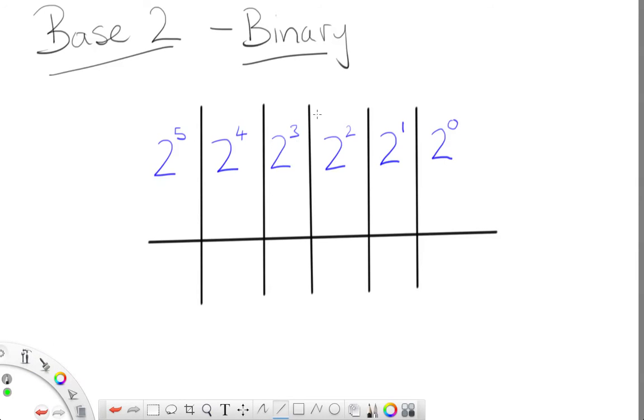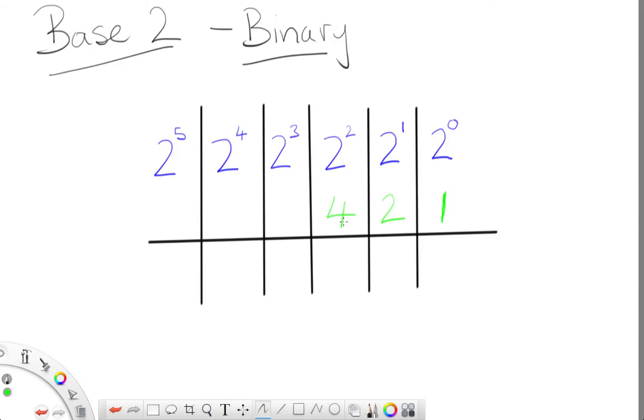Now, that's great, we've got all these powers of 2, but we need to think about really what they are. Anything to the power of 0 is 1, so 2 to the power of 0 is 1. So the first column, just like in base 10, it's the 1s. 2 to the power of 1 is 2. So the next column isn't 10, as it was in base 10, it's 2.